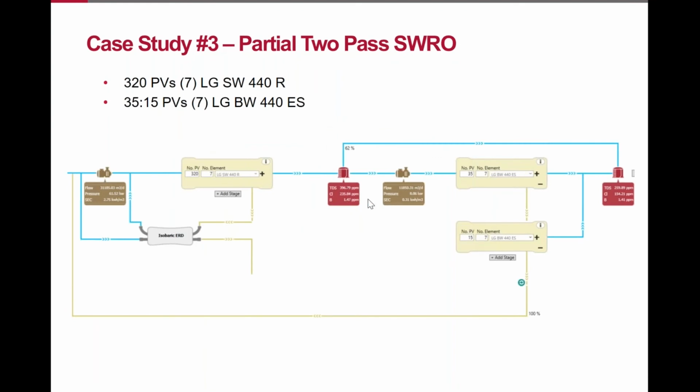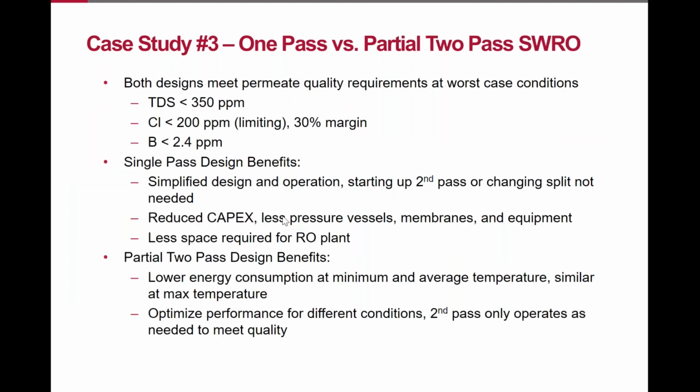Maybe there are some little changes here and there, because sometimes they'll be a little bit different in terms of how you design each time. Both designs that we created, the single pass and the partial two pass, meet the permeate quality requirements at the worst case conditions. So you get permeate TDS less than 350 ppm, permeate chloride less than 200 ppm, and permeate boron less than 2.4 ppm. And with the permeate chloride requirement, we still have that 30% safety margin in our design.